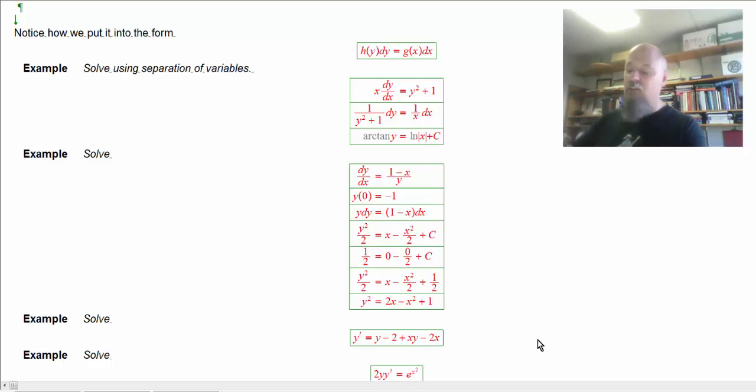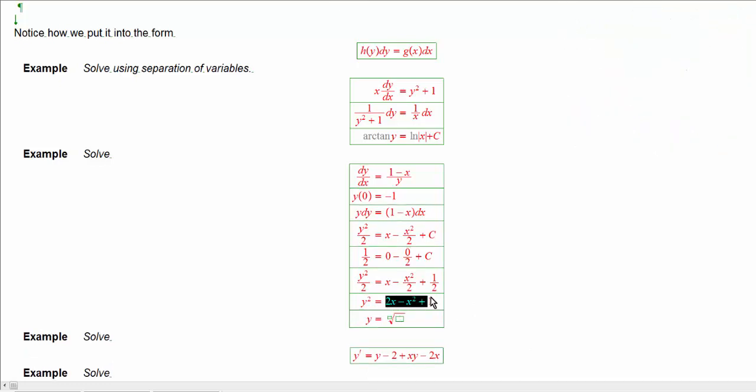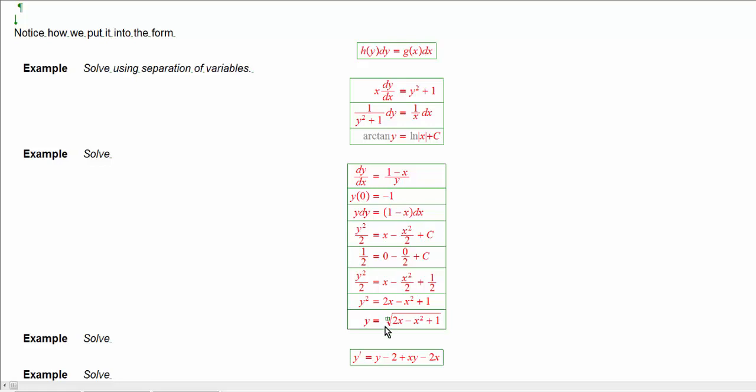Let's solve for the explicit solution. So I'm just going to take the square root of both sides. Y is equal to plus minus the square root.